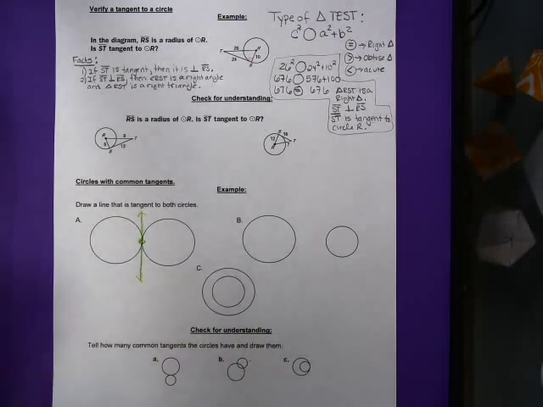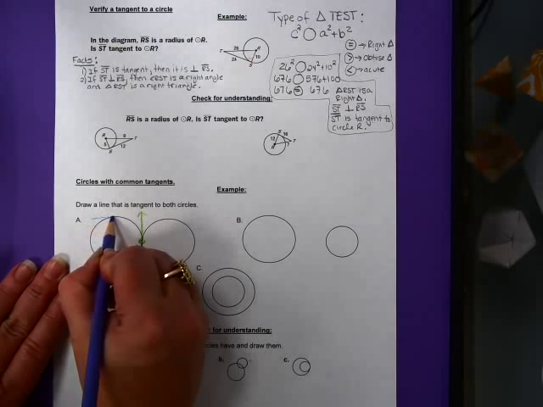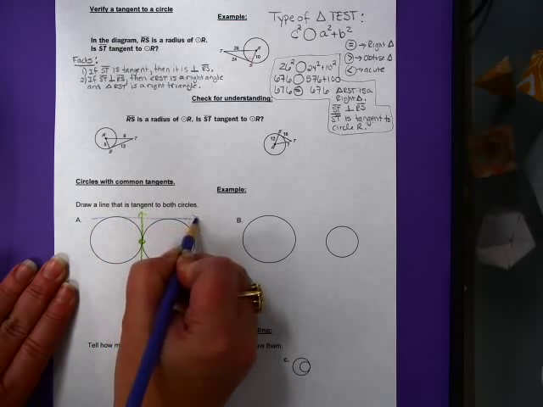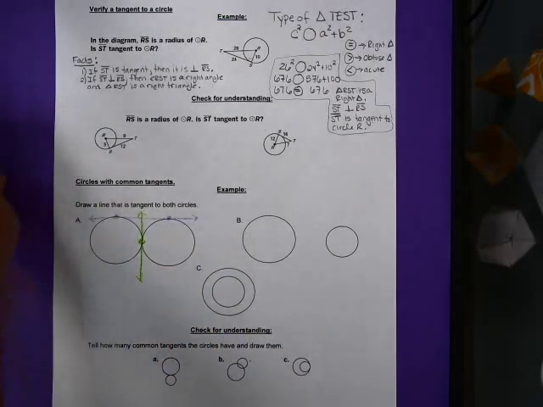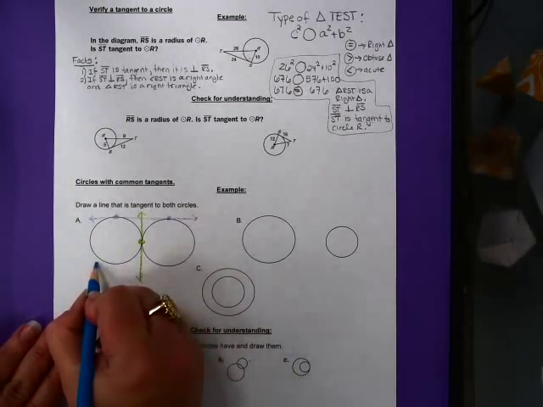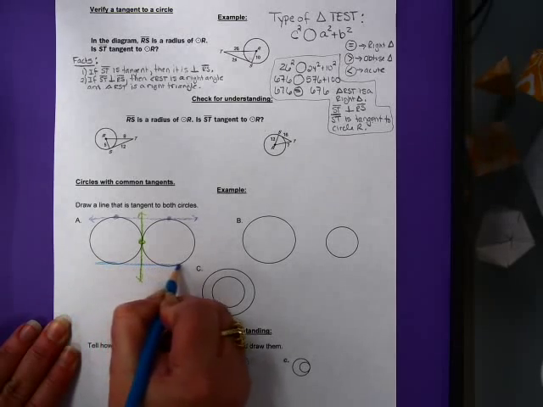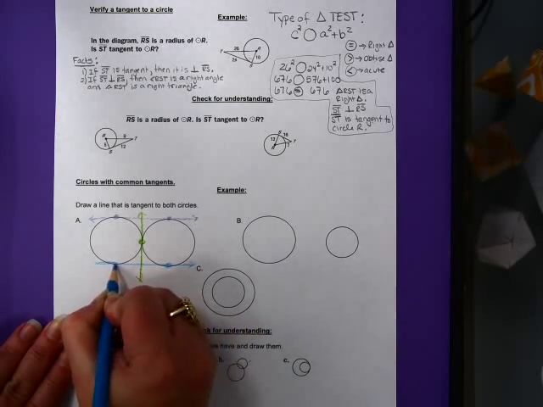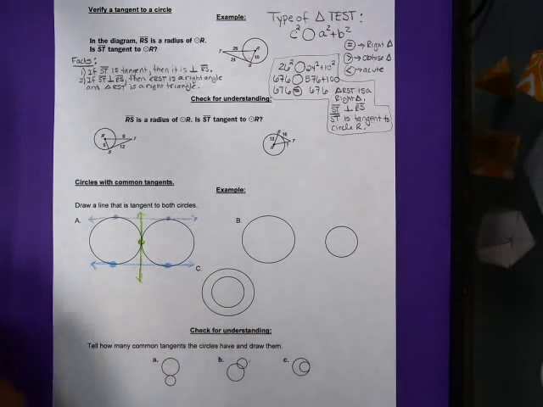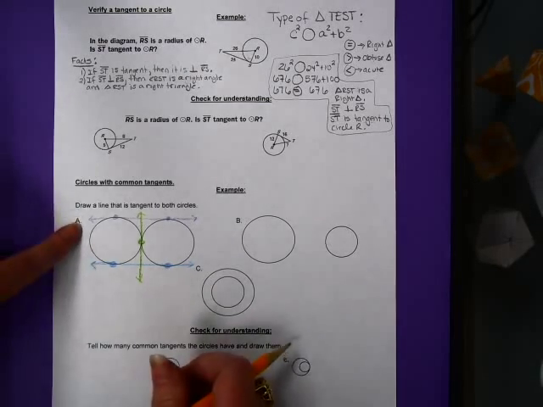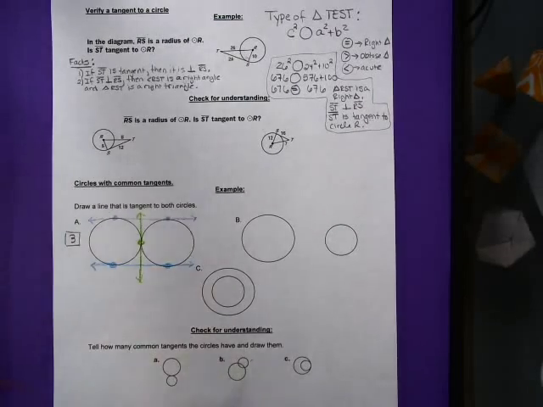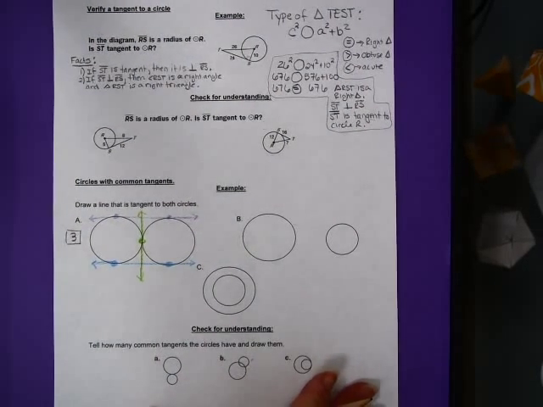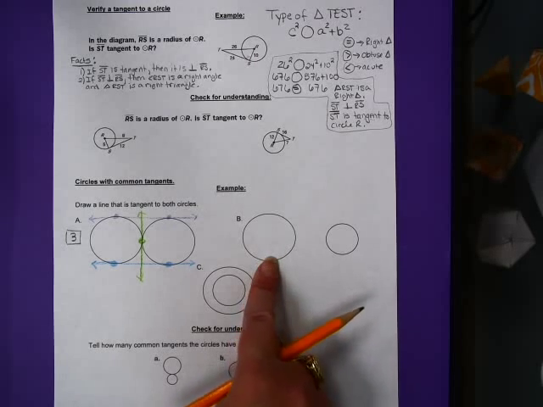All right, here's another one. Tangent here and tangent here. Okay, and then here's another one. Tangent here and tangent here. Okay, so in this example A, there are 3 common tangents.